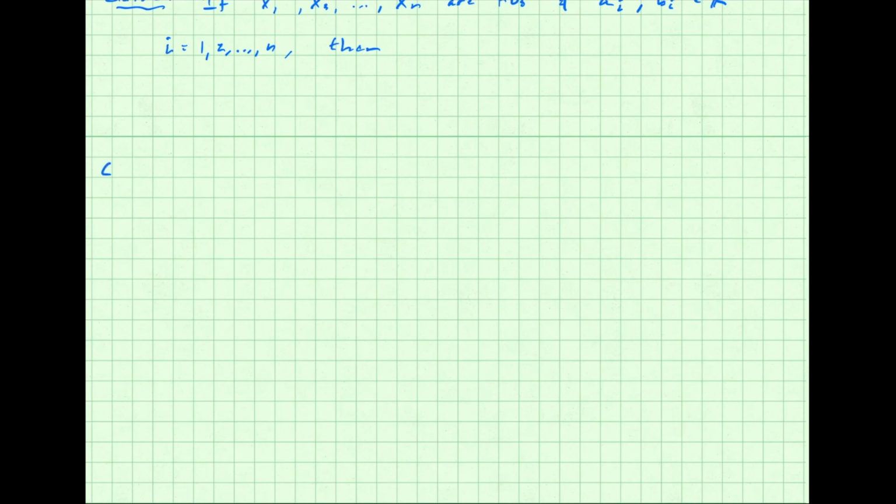So we're going to say the covariance of, and then we'll write this out, a1 x1 plus a2 x2, and so on, up to an xn. The covariance of that random variable, which is a linear combination of lots of random variables, and then another, which is another linear combination of the same.